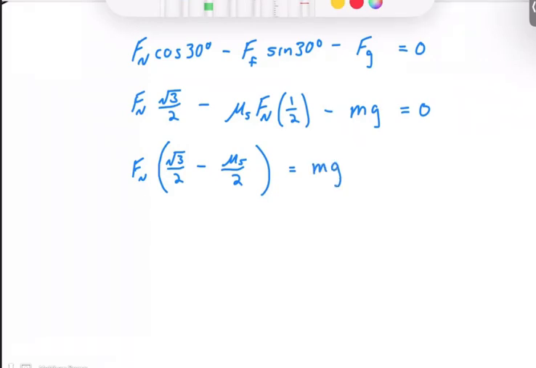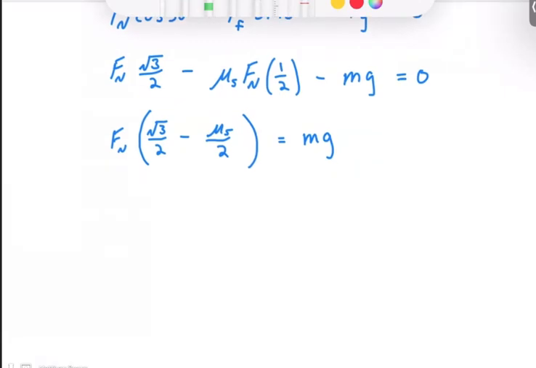And that means I can figure out that Fn equals mg divided by root 3 over 2 minus mu s over 2.